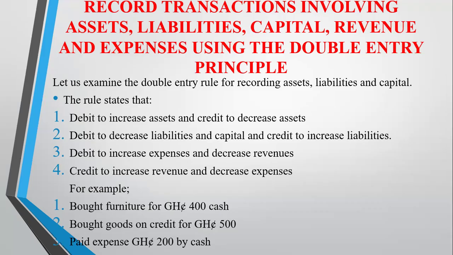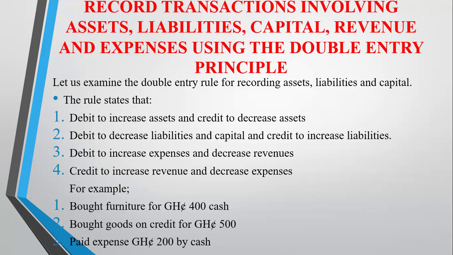So here cash is an asset which is going to decrease. The double entry is saying that if the asset is decreasing, we should credit it. So here it means we are going to credit our cash book. Hope it's clear. And here the motor vehicle is coming into the business, so our motor vehicle is going to increase.